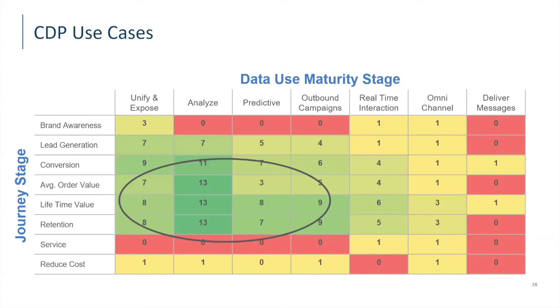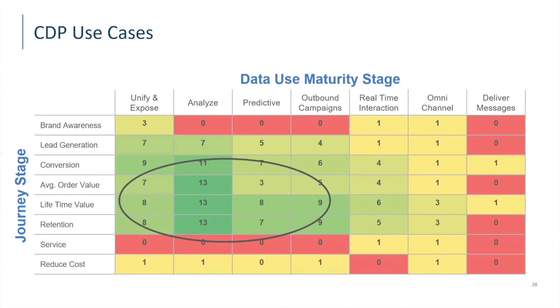If you ask them what they are going to do with their CDP, their fundamental answer is, I'm going to do things that make me money. And I don't make money until I start running campaigns or running interactions. That's where I get real business value. So the people who buy CDPs tend to think more about the use cases that have to do with execution, about campaigning, as opposed to the people who actually work with CDPs and look at what people are using them for. They tend to see these earlier stage processes.